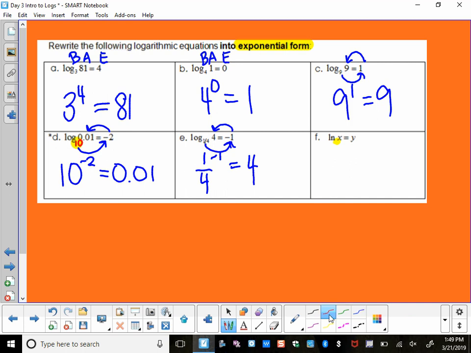We're going to put an E down there. Remember the E? If you have a natural log, which is ln, without a base, write E. If you have a log without a base, write 10. So my E goes to my Y, and my Y goes to my X. So I have E to the power of Y is equal to X.